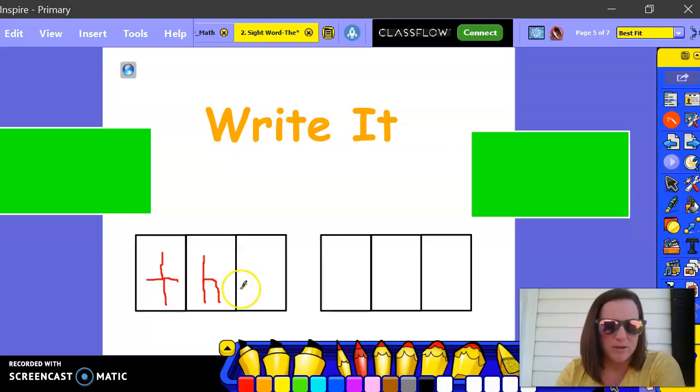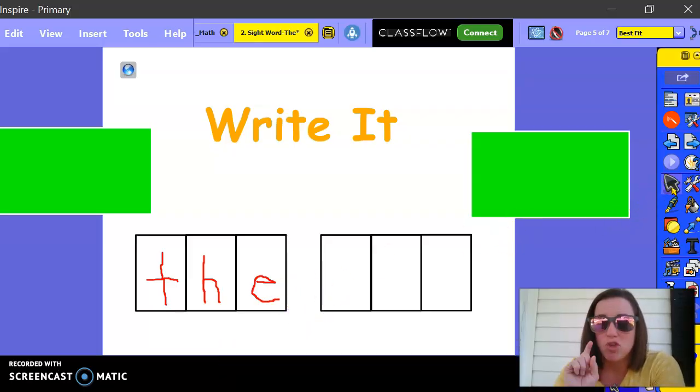Remember that I'm using my hand on the mouse, so my handwriting is not great. All right, and we need an E. So an E is a little line and a curve, a little curve. Great job, Miss Humphries.